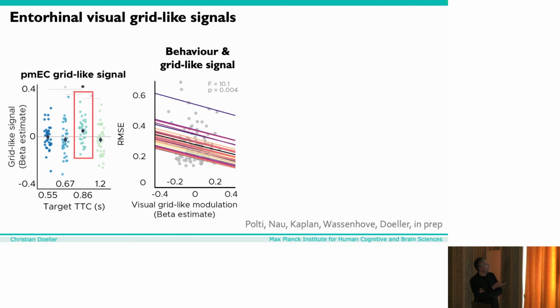Ignacio then also links that signal to behavior. When we take this precision accuracy trade-off measure, it correlates with this grid-like signal in that specific speed level. So the stronger that signal is, the higher performance is.